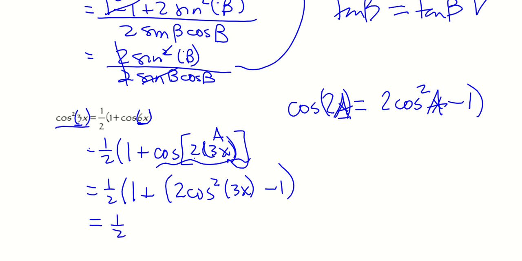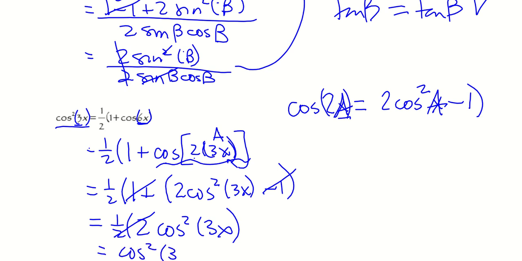Simplifying, 1 minus 1 is 0, so that's 2 times cosine squared of 3x. 1/2 times 2 is just 1, so that is the cosine squared of 3x, which is exactly where we wanted to be.